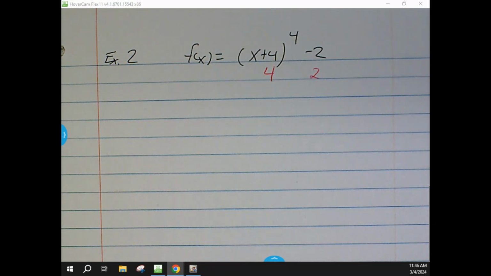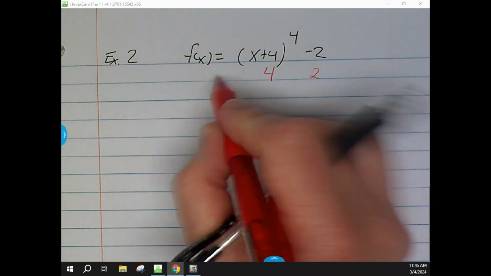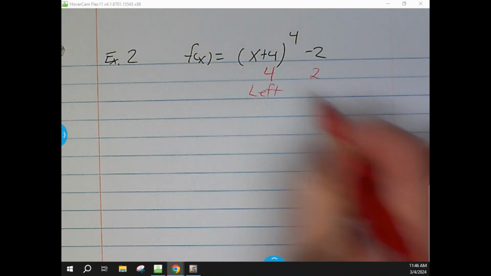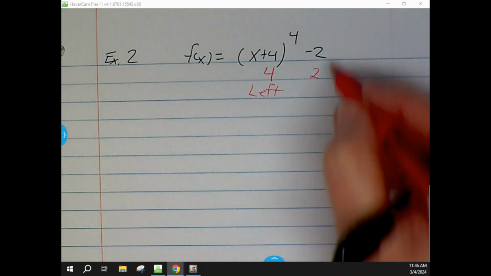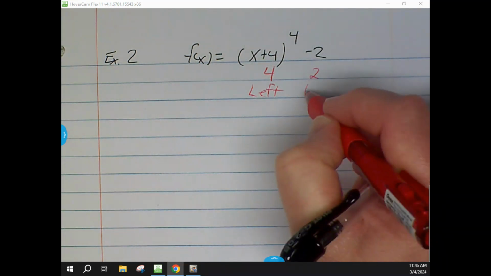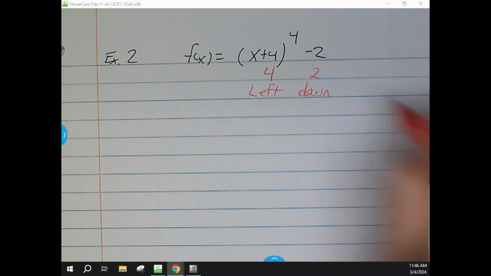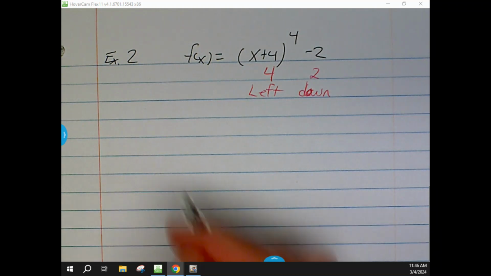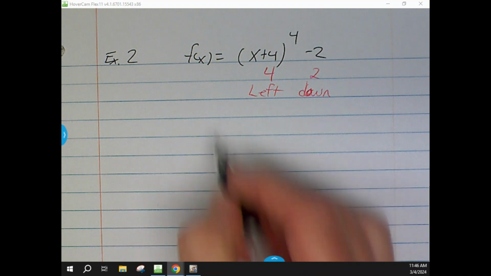Again, figure out which way we're going to move this graph first. The number on the inside is opposites, left and right. So we're positive 4, usually to the right, which means we're going to go 4 to the left. The negative on the outside is our up or down. In that case, that means it's going to be 2 down. So 4 left, 2 down.